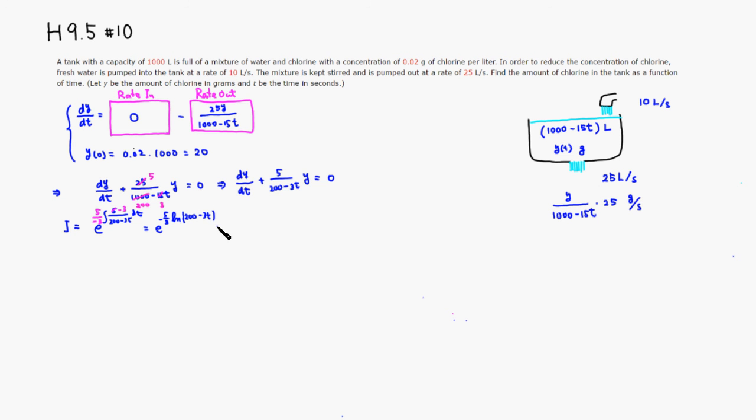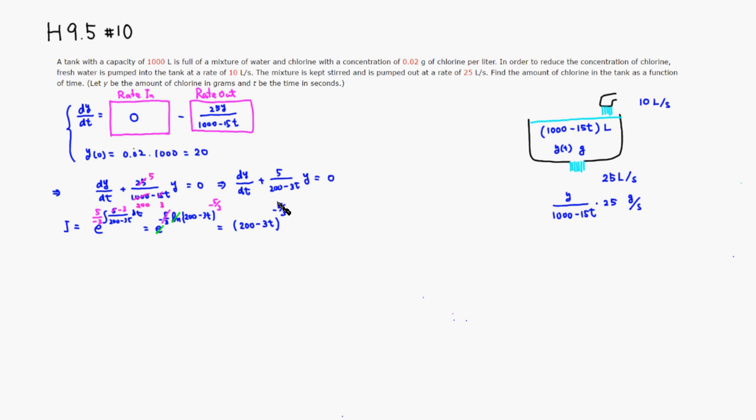We can place this as a power, then cancel e and the natural log, so we get 200 minus 3t raised to the negative 5/3 power.